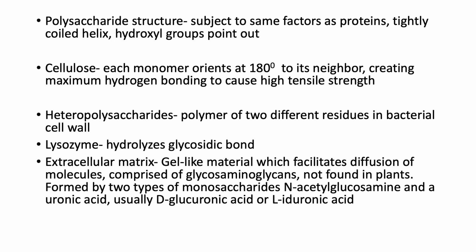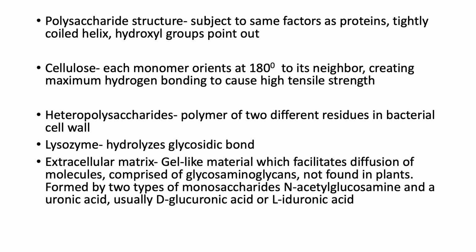One of these is N-acetylglucosamine, and a uronic acid, which is either D-glucuronic acid or L-iduronic acid. So this is nomenclature that you can absorb, but again, unless you have the structures, you really cannot address that.